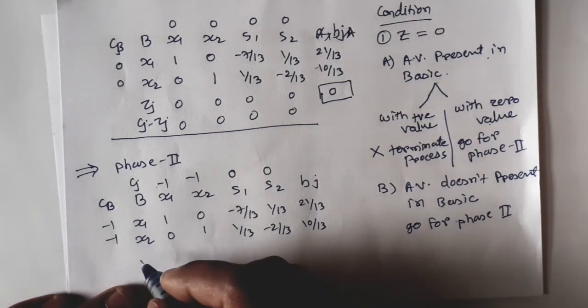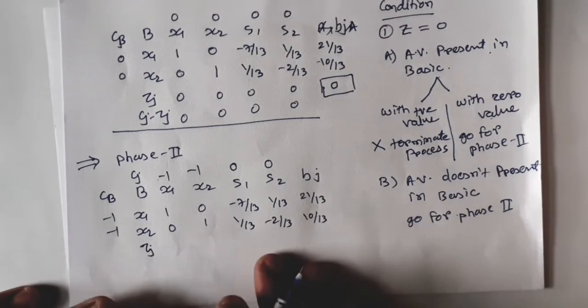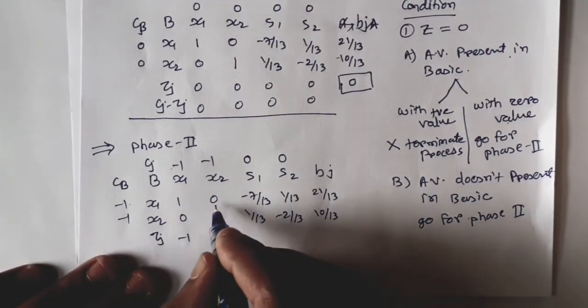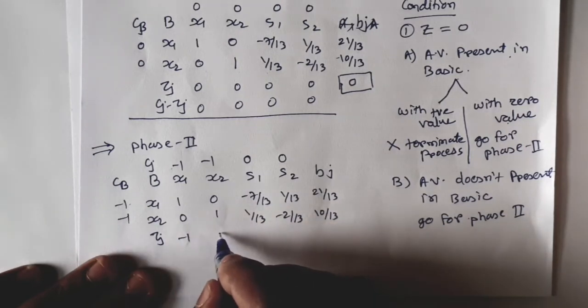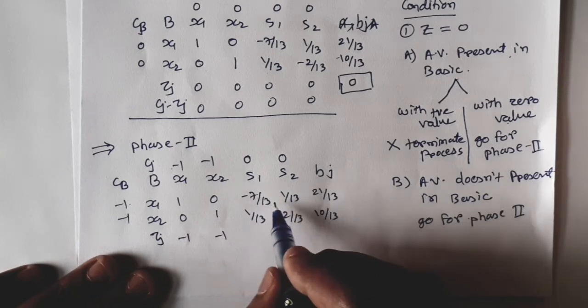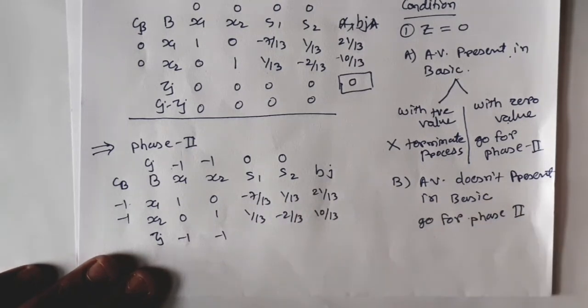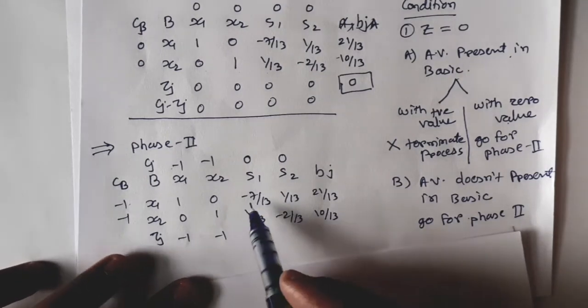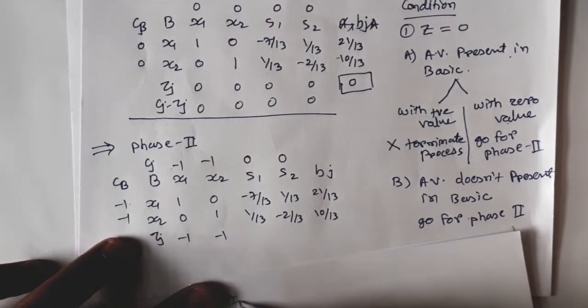Now calculate the zj value. The zj value is 1 into minus 1, so it is minus 1, and then 0, and minus 1 for both. Here, minus 7 by 13 becomes plus 7 by 13, minus 1 by 13, so it is 6 by 13.